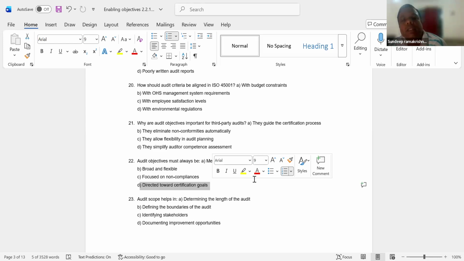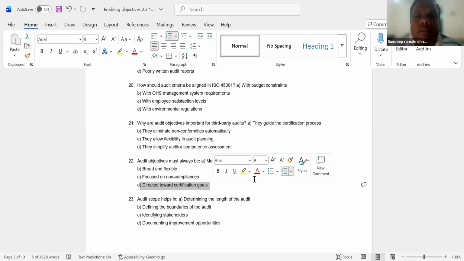Giving flexibility in planning is not the point; based on objectives the auditors can plan the audit however they want.